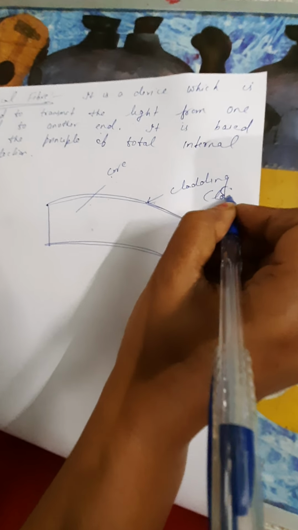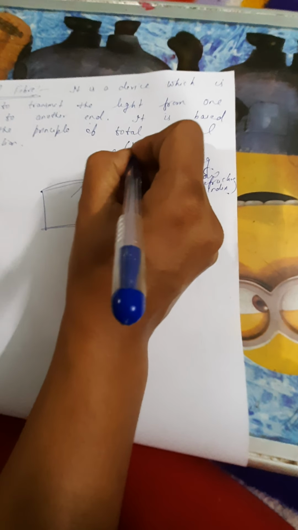Cladding has low refractive index, but core has high refractive index.